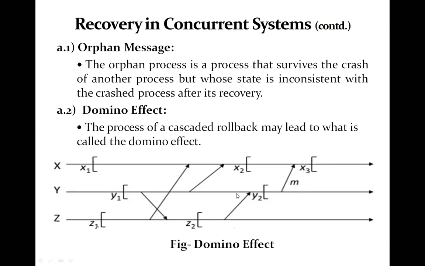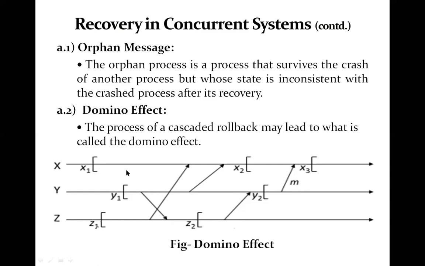Likewise, it can be seen that if the process Z is rolled back, all three processes must roll back to their previous recovery points, that is X1, Y1, and Z1. So if this process Z fails, all the processes have to come to their first recovery points, X1, Y1, and Z1.